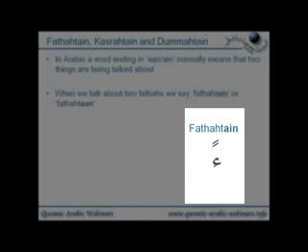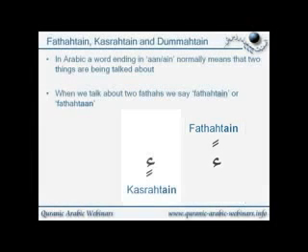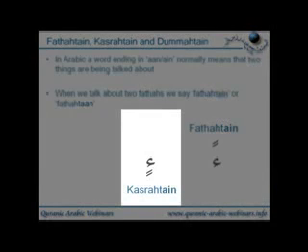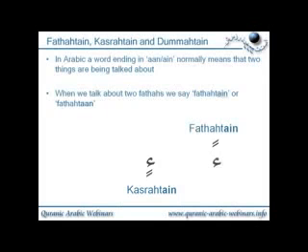So here we have the hamza with fathatain, or you can call it fatha tanween. Then we have the kasratain, so two kasras, and with the kasra, this could be called kasra tanween as well. Most people will call it kasratain.